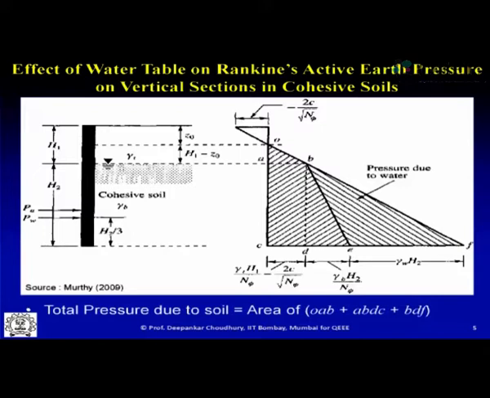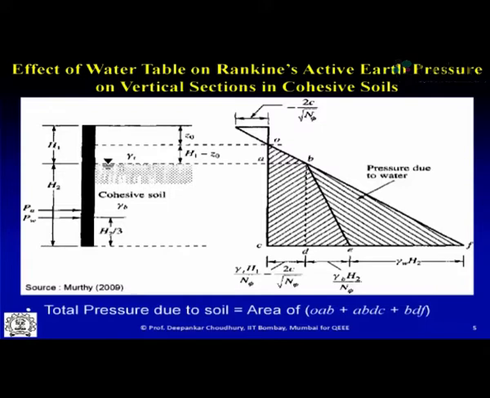Now if the water table is also present in the system, then accordingly we have to add the pressure due to water, and in the previous class itself I have mentioned that always calculate the earth pressure diagram first, considering the effective unit weight, because that is what is related to the earth component, and Ka or active earth pressure coefficient, which is a function of soil parameters.